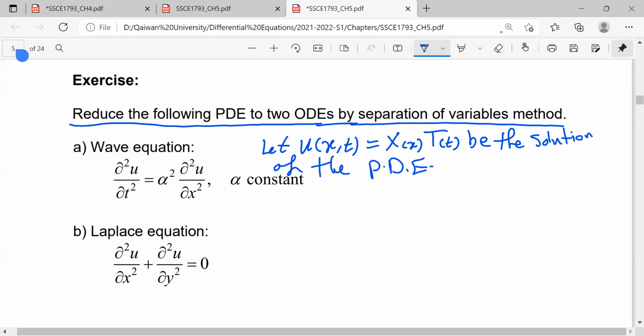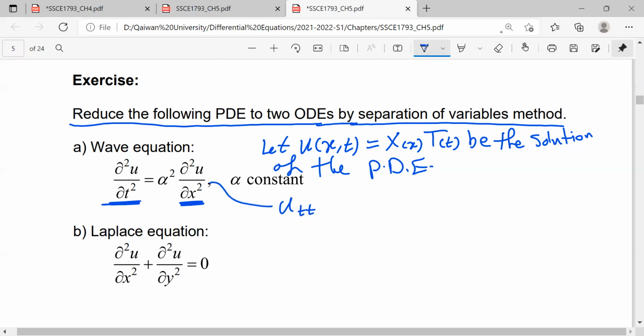In the partial differential equation, what are the partial derivatives in it? Here we have the second partial derivative with respect to x, and also the second partial derivative with respect to t. We now take the second partial derivative with respect to x for u, and also with respect to t, that means we find u sub tt.